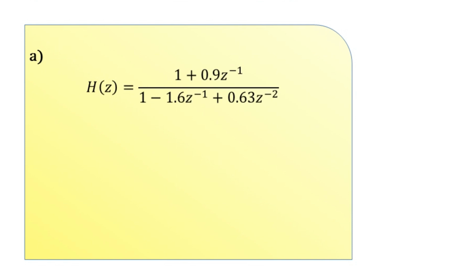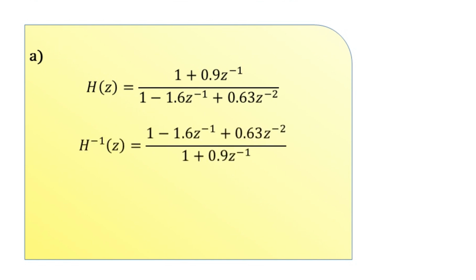For the whitening filter, we have to invert this, and we denote it as H^-1(z). The denominator from the previous equation becomes the numerator here: 1 - 1.6 z^-1 + 0.63 z^-2, whereas the current denominator is 1 + 0.9 z^-1.